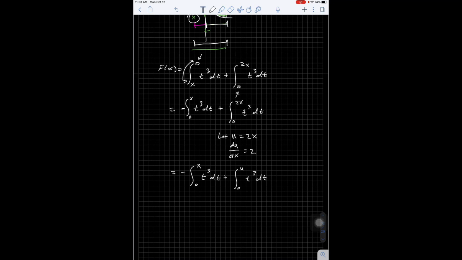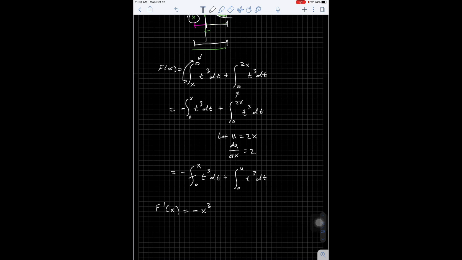So f prime of x, derivative of the left, is, now what happens? The negative comes down along for the ride always. The derivative cancels with this integral, and it says evaluate the outside function, which is t cubed, evaluated at the inside function.